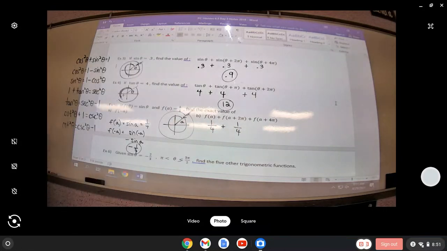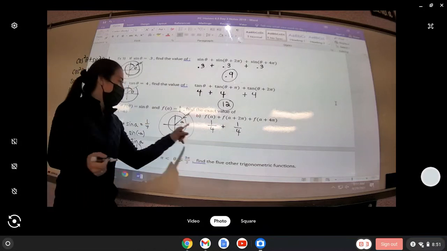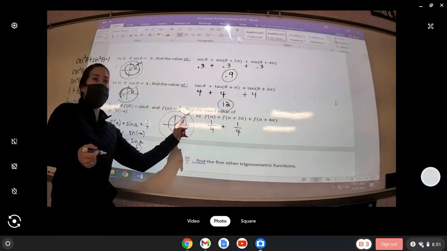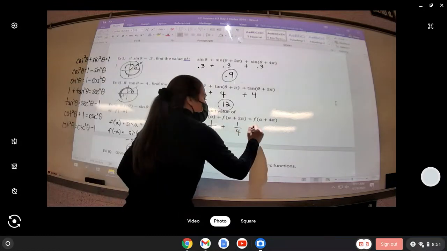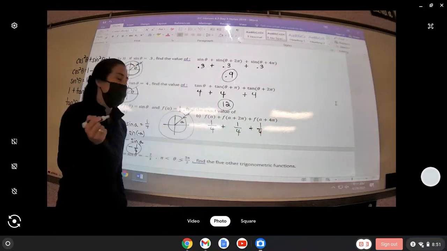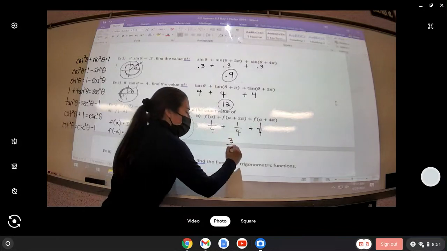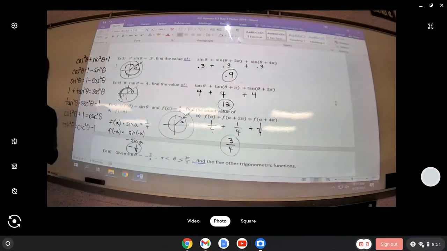It's all that rotating again. F of A was 1/4, so A plus 2 pi puts you at the exact same angle. 4 pi puts you at the exact same angle, so we're just adding 1/4 three times, and we should get 3/4 as our final answer.